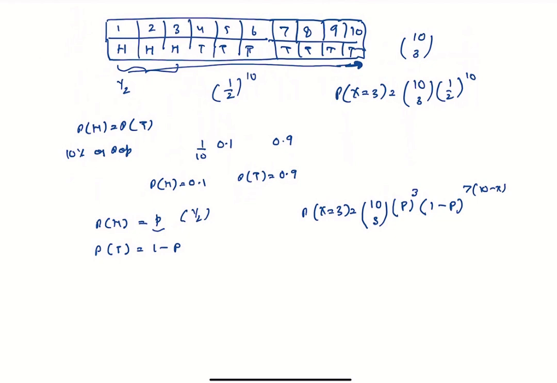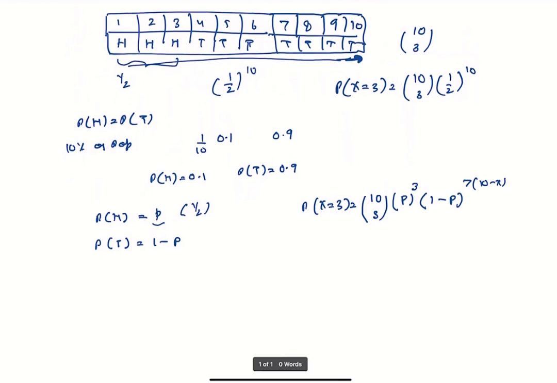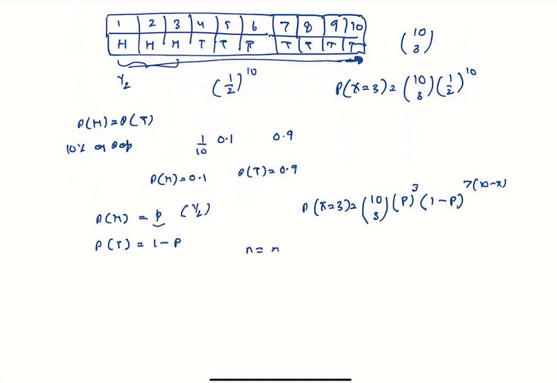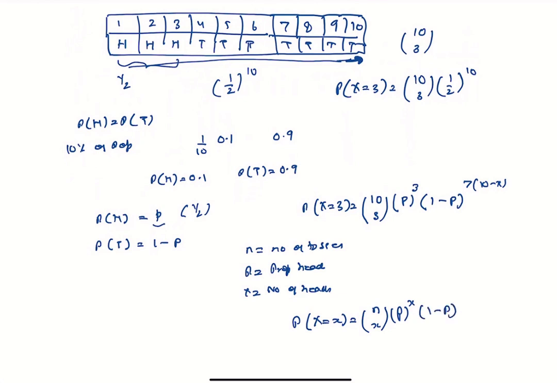So the binomial formula becomes, if N is the number of tosses, P is the probability of head in any toss, and X is the number of heads, then the binomial formula is probability X equal to little x is N choose x, P to the x, times 1 minus P to the N minus x.